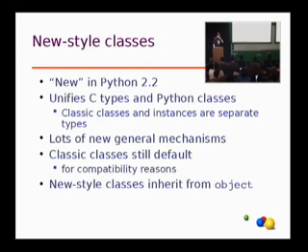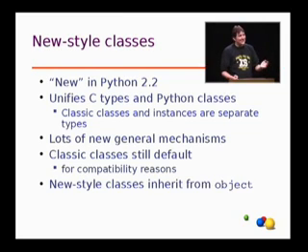New style classes. When anyone says new style classes, they actually mean old new style classes, because they were added in Python 2.2, which was released, I think, 6 or 7 years ago, something like that. They're old. And it's a unification of the C types that I explained and the Python classes, because before, or actually still, in classic classes, instances and classes are distinct C types.